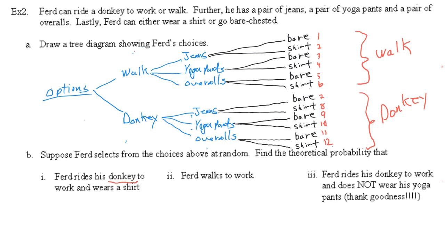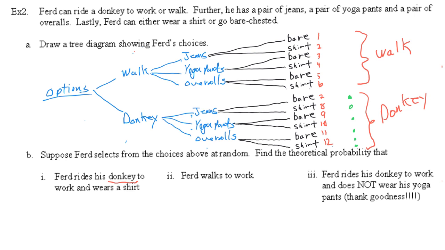So I'm going to write that in green. So all of these ones here are donkey riding, right? All of those are donkey rides, okay? So there's 6 possibilities, right? But if you think about it, with our donkey rides, there's 6 possibilities that we end with.